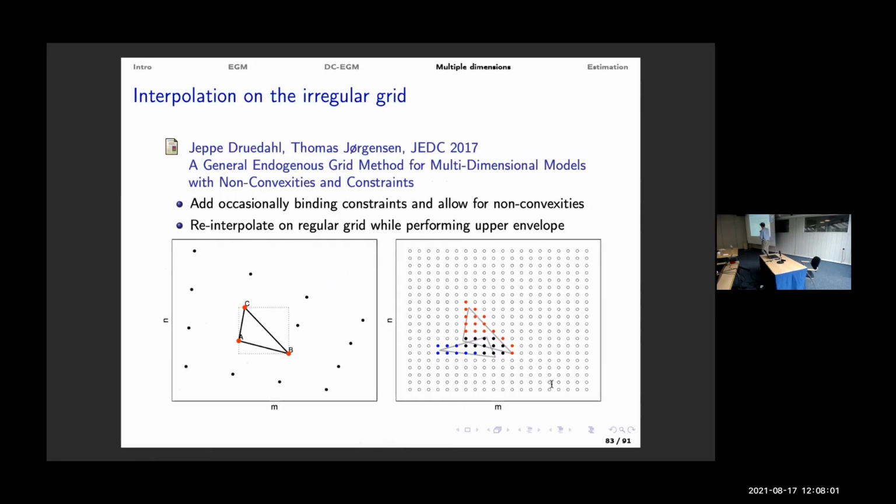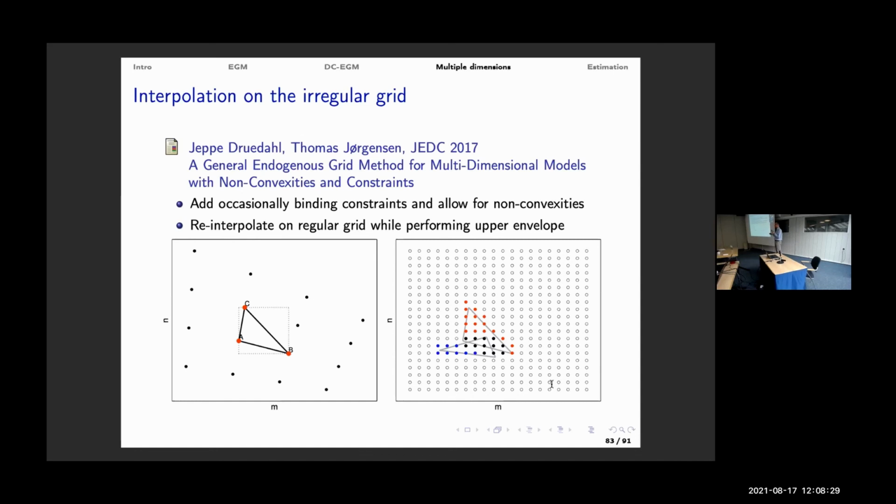Transform the interpolated grid. Another approach is in Druedal and Jorgensen, which is probably the most generalization of EGM today. They have a paper on the general endogenous grid method for multidimensional models with non-convexities in constraints. The idea there is that you break up the solution of the model into what they call segments, and segments basically correspond to what we had before as discrete choices.